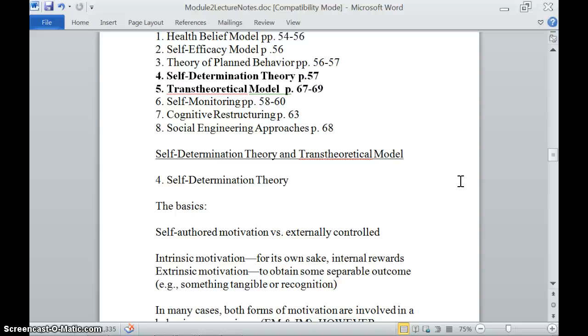So we're not going to spend a lot of time on the trans-theoretical model, but there is quite a bit in the reading, and I highly recommend that you understand both self-determination theory and the trans-theoretical model when you're done with Module 2. So I'll be back with mini lectures on self-determination theory and the trans-theoretical model.